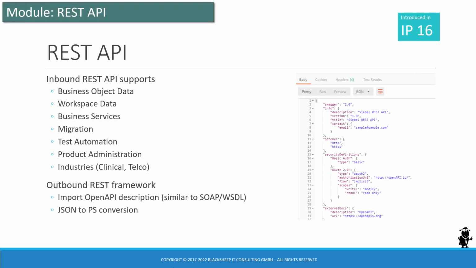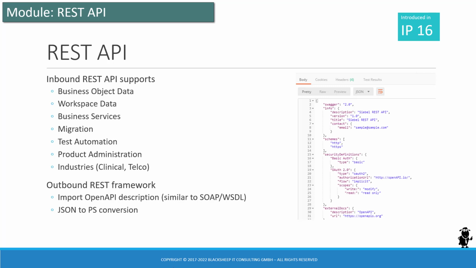In the integration arena, the most prominent feature is the REST API. Actually introduced in IP16 for the first time, it has been greatly enhanced and even more integrated into the daily life of Siebel administrators, so to speak, and developers in IP17 and higher.